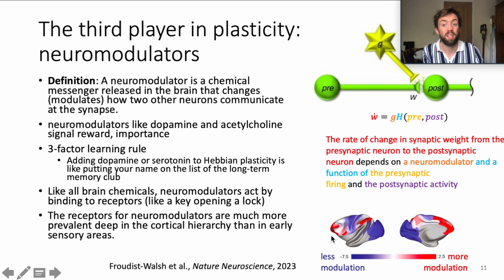So this suggests that there's much more capacity for modulation and perhaps for learning in these types of areas that contribute to higher cognitive functions than in the areas that are responsible for encoding sensory information.